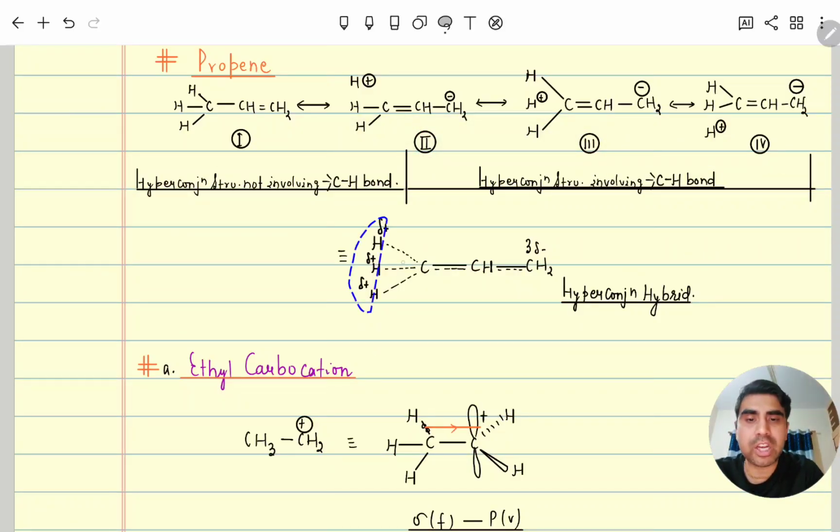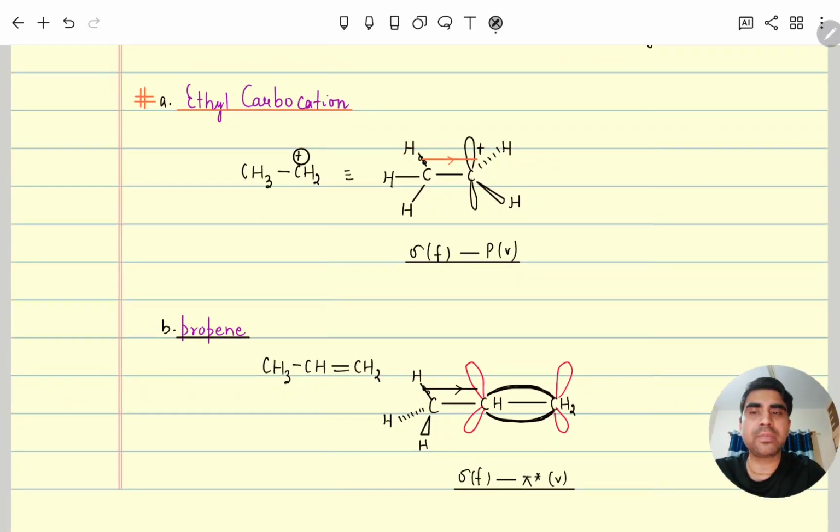Here you can see the carbon hydrogen bond order is greater than 0 and less than 1, all having plus one, and here it is partial negative, with electron density moving from high to low like this. Clear? So this is the hyperconjugation hybrid, the actual structure. Now coming to ethyl carbocation.